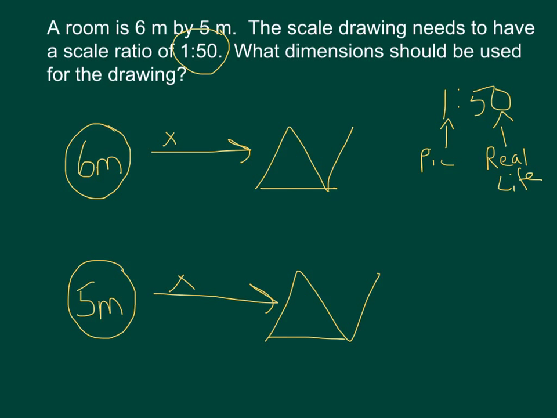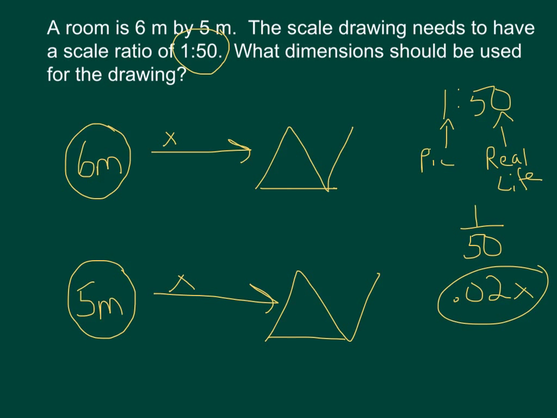But if I switch this over to a fraction, 1/50th, that means that the shrunken version, or the drawing, is 1/50th the size of the real life object, in this case a room. Now, multiplying by 1/50th in my calculator, I could do by using the special buttons, but I could also just as easily convert it over to a decimal by dividing top by bottom. And when I do this, I get 0.02. So that means my scale factor is 0.02x.